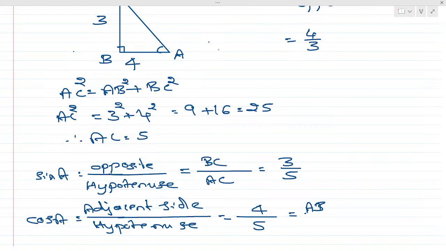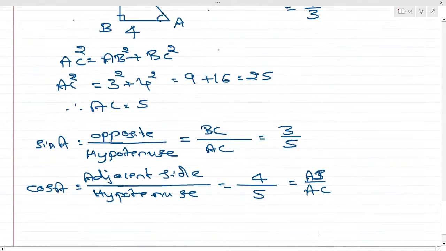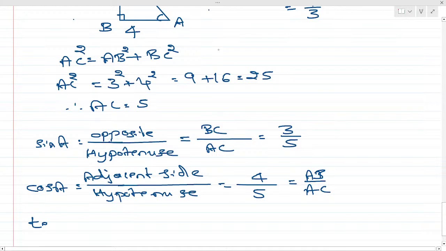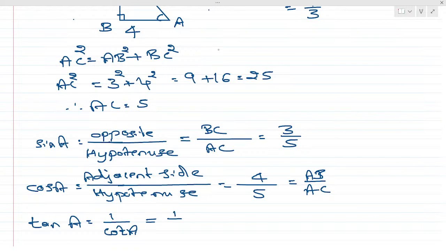So next I have is tan A. Tan A is 1 over cot A. Therefore that forms 1 over 4 by 3, so I can simply write it as 3 by 4.